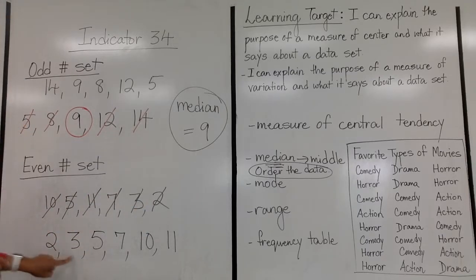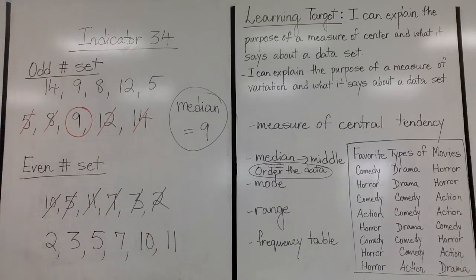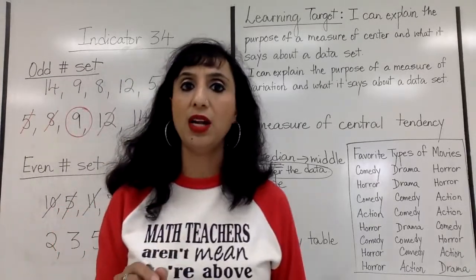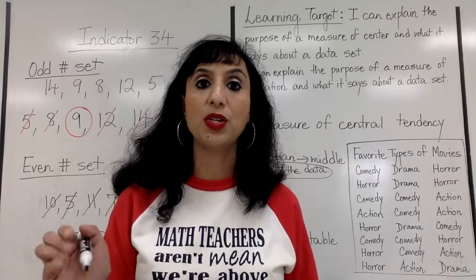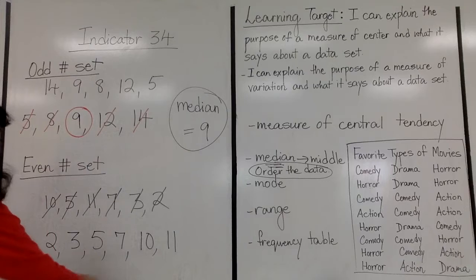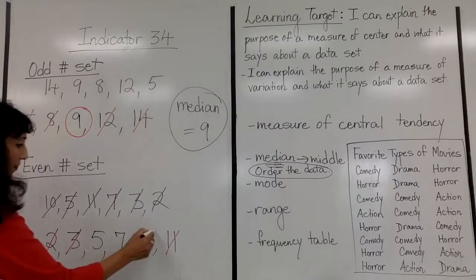Then look over here. 1, 2, 3, 4, 5, 6. Since this is 6 numbers, I know automatically, because it's an even set of numbers, I am definitely going to end up with 2 numbers in the middle. So this is what I'll do now. Take off 1, take off here, here, here.